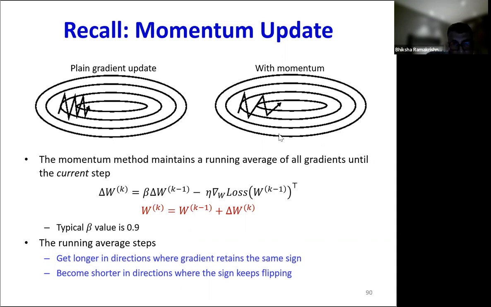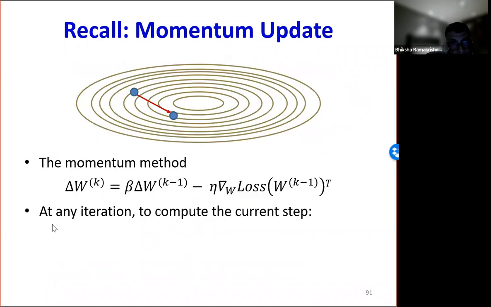The way we said it was we maintain a running average of the gradient, and we always update the parameter with the running average of the gradient. So this was the momentum update.